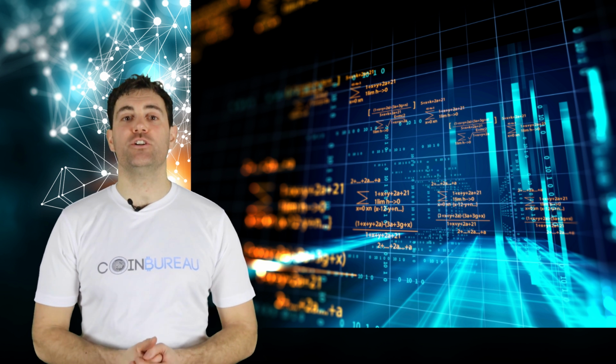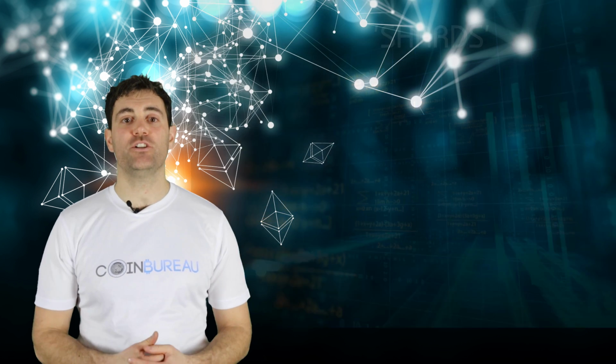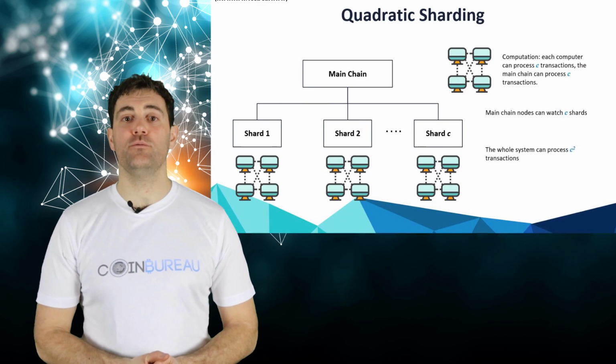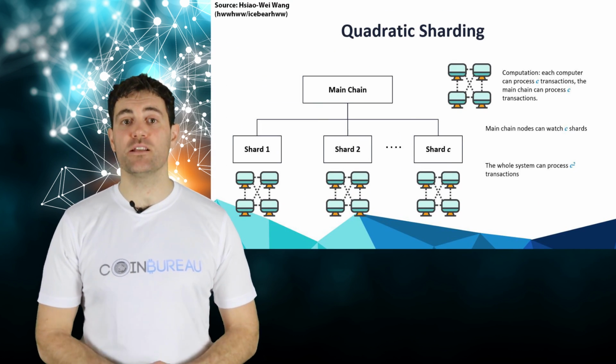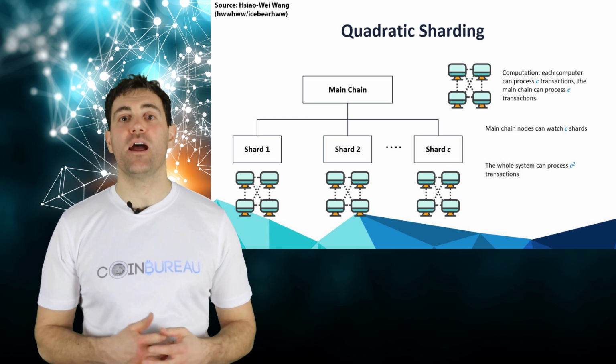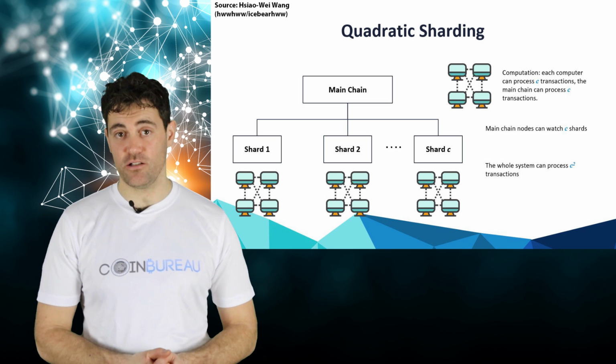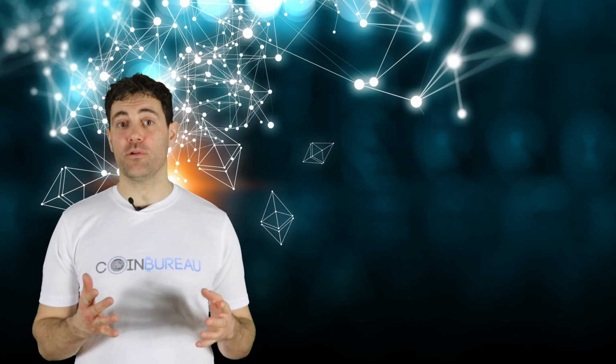If we were to apply sharding to the blockchain, it would mean breaking it up into individual segments called shards. Each of these shards would operate as their own blockchains and would hold unique smart contracts and account balances. These shards would also have their own nodes assigned to them in order to verify transactions within the shards. So you see where I'm going with this.